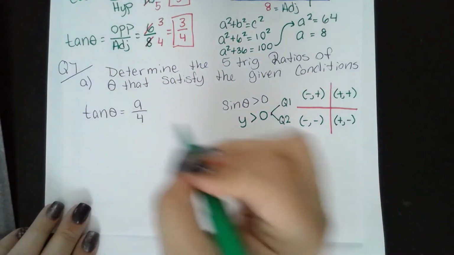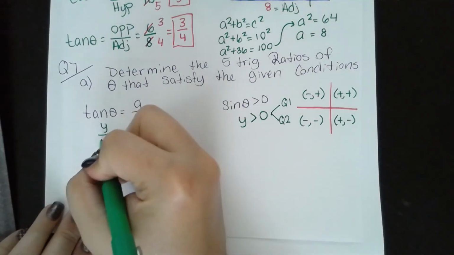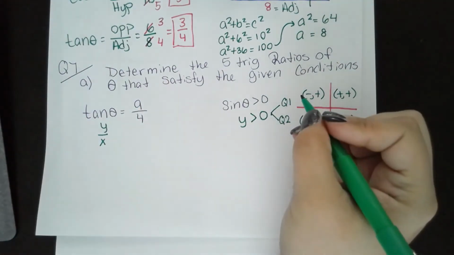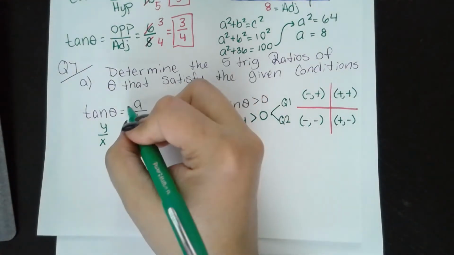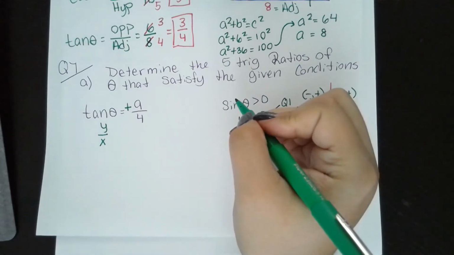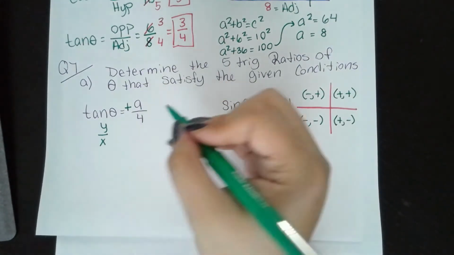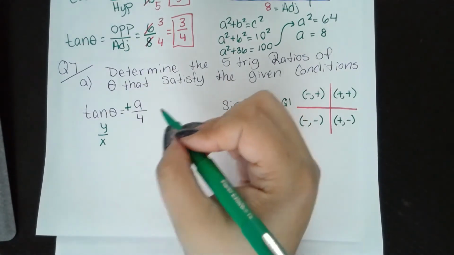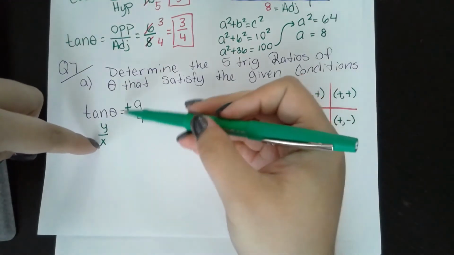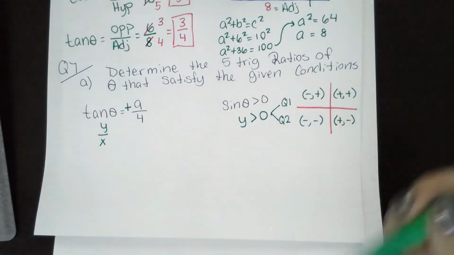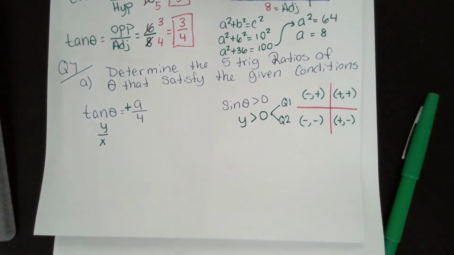So tangent is different though. Tangent is not y, it's y divided by x. And what we're saying is y divided by x is 9 over 4. But the sign here is positive 9 over 4. It's not negative. It would say negative if it was negative, okay? So because y over x is positive, think about dividing numbers. How would you get a positive?